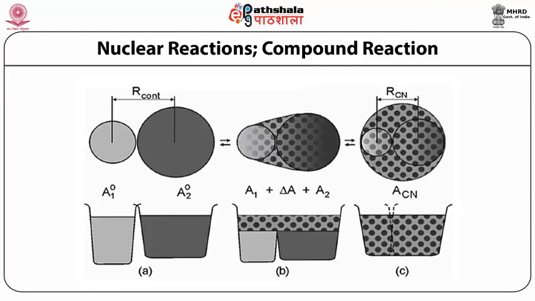The nucleons share the energy of the total system, and in this way an equilibrium state is developed. Once it is developed, the compound nucleus has equilibrated energy, angular momentum and mass. Once it starts decaying, the decay depends upon the value of these parameters.